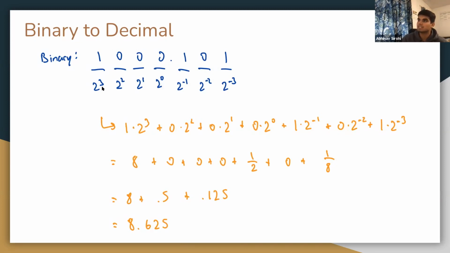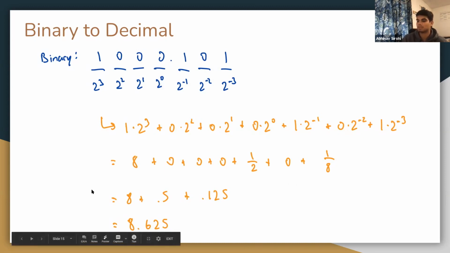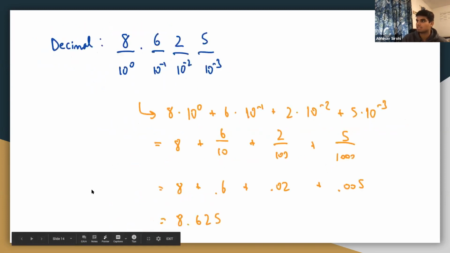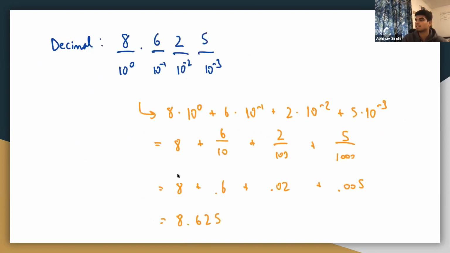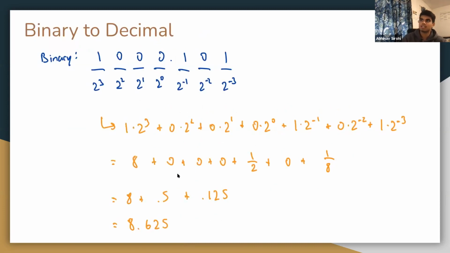We take each digit, multiply it by its place value, add up all the products, and we get the final number 8.625, which is the example I had here. 8.625 is 1000.101 in binary. And so that's how you convert a binary fixed point number to a decimal fixed point number.